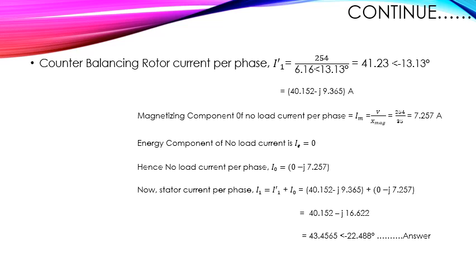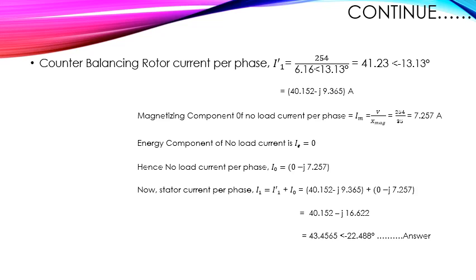Right, then magnetizing component of no load current per phase, that is Im equals V by Xm. Then energy component of no load current is 0. Hence no load current per phase I0 equals I minus jIm. So I is 0, so minus j7.257 is the no load current per phase.